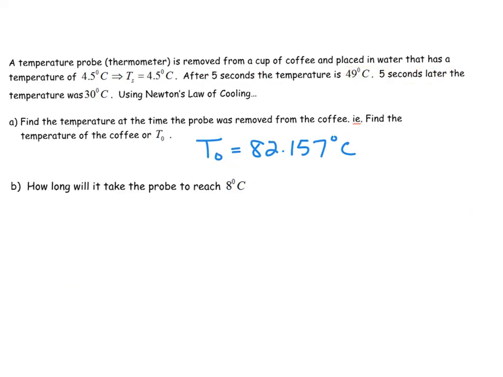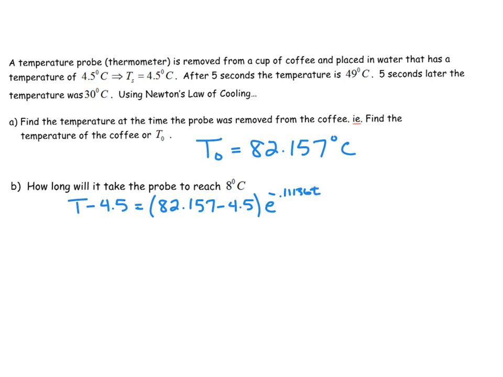Part B wants me to find how long it is now going to take the thermometer or the probe to reach 8 degrees Celsius. So we again just use Newton's law of cooling. T minus 4.5, the surrounding temperature, still the same, equals, now we know the initial temperature is 82.157 degrees, minus 4.5, times e to the negative 0.11136t.